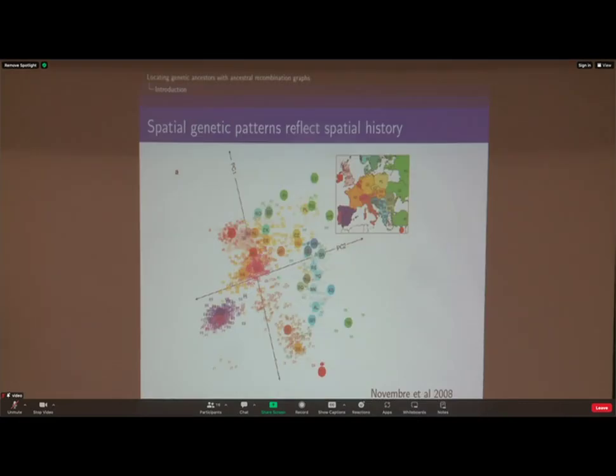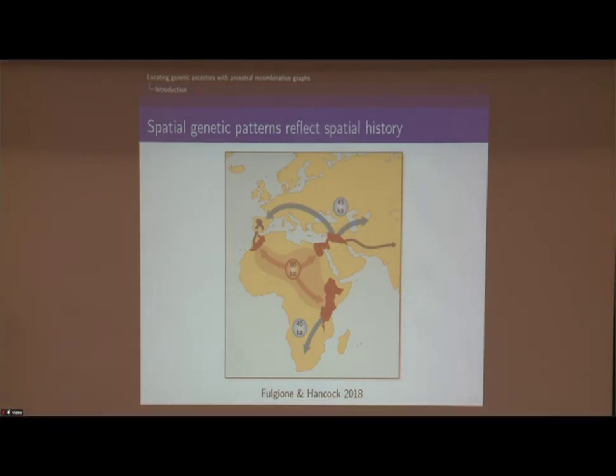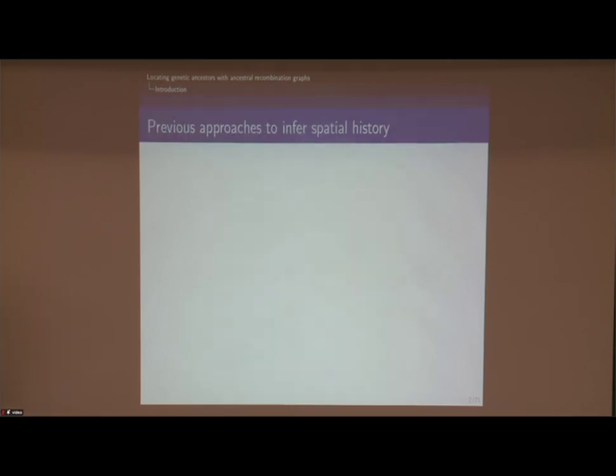So that might be a pattern of isolation by distance that we see in humans in Europe, or that might be kind of larger scale population movements that people have inferred, in this case for Arabidopsis expanding out of Africa 100,000 years ago.